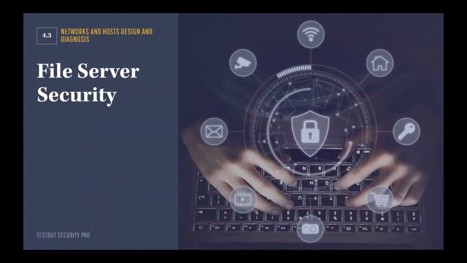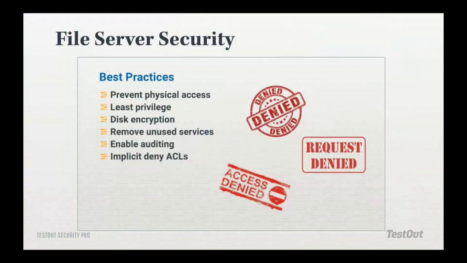We'll also talk about file server security. Some of the best practices for file server security are to prevent physical access. Have your servers stored behind a locked, controlled access room. You also want to implement the principle of least privilege: only give people access to the files they need to do their job and nothing more.